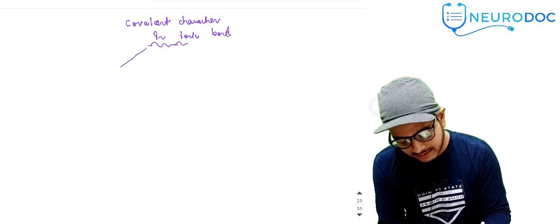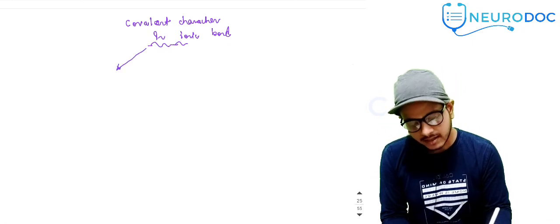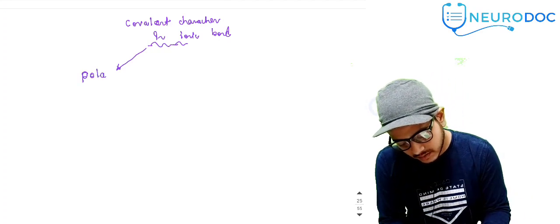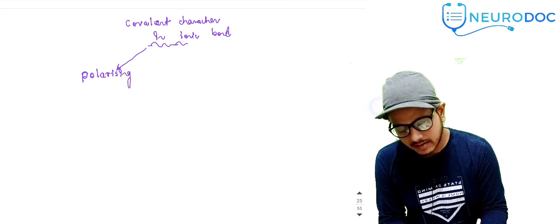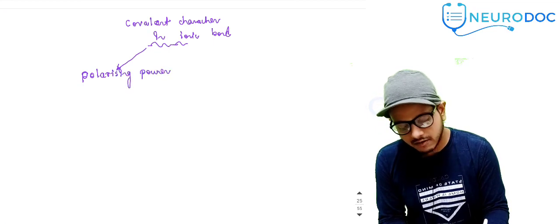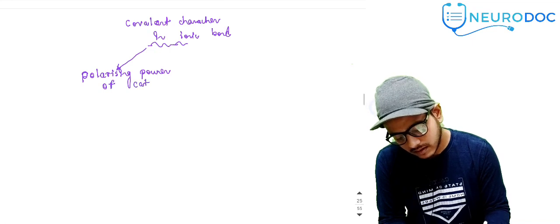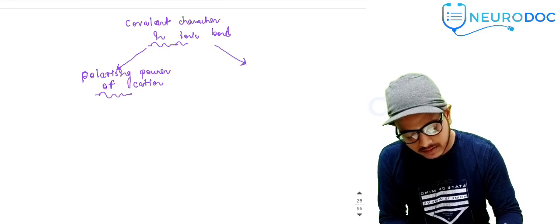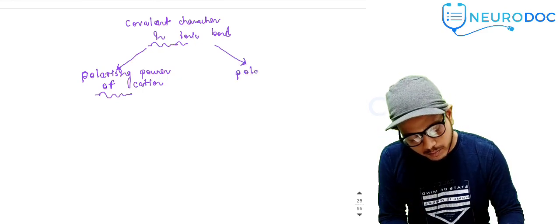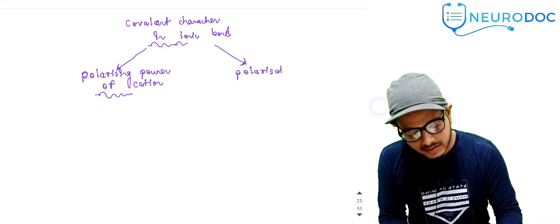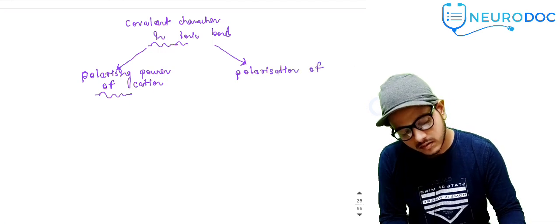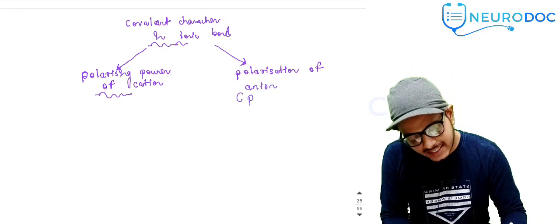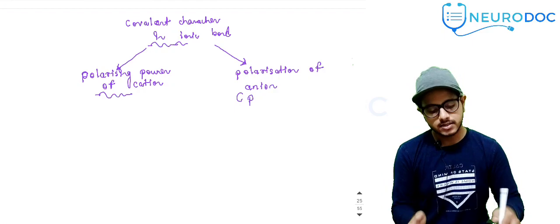So I can write it. Covalent character in an ionic bond depends basically on the polarizing power of the cation and polarization of the anion, or we also call it polarizability, the ability to be polarized.